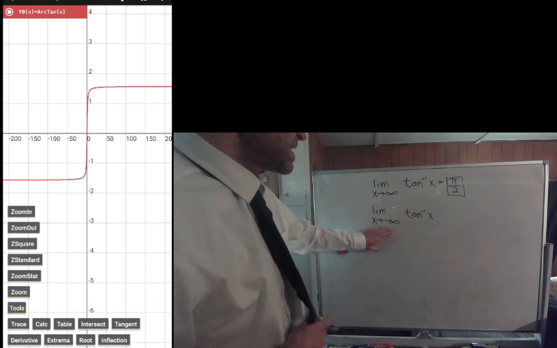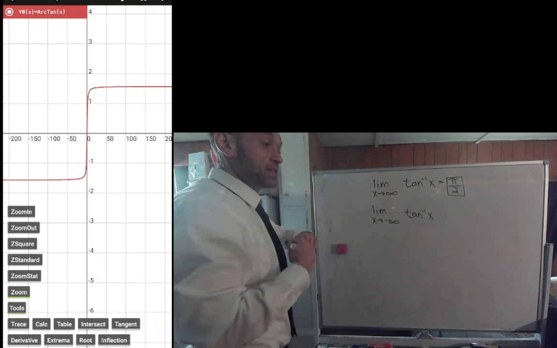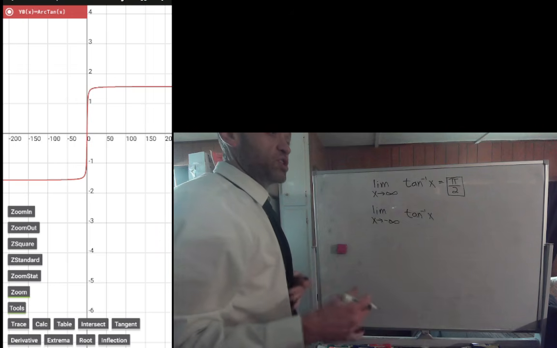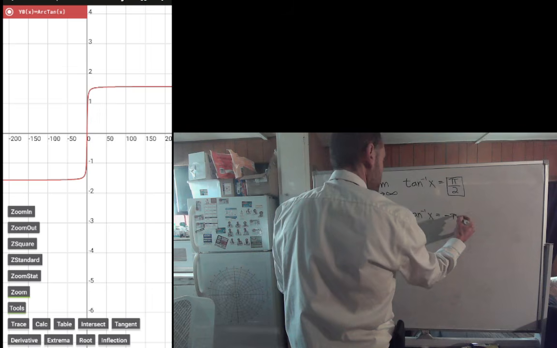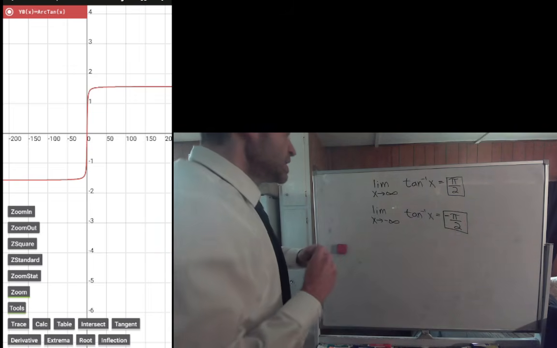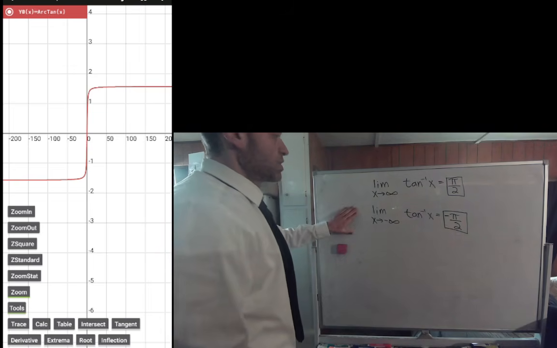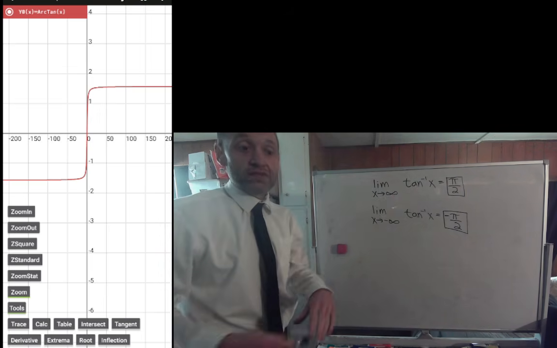Now, if you also look at that same graph, as x approaches negative infinity of the inverse tangent of x, since we know the range goes to negative pi over 2 at the lowest end, the limit as x approaches negative infinity of this function would be negative pi over 2. So those are some limits at infinity for the inverse tangent function.